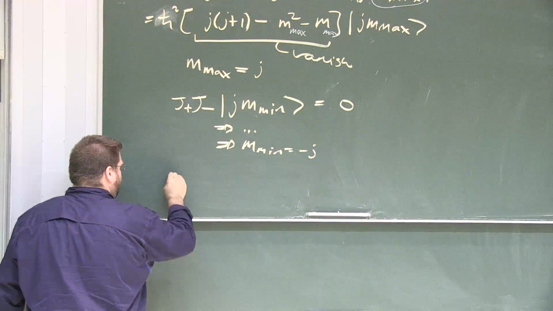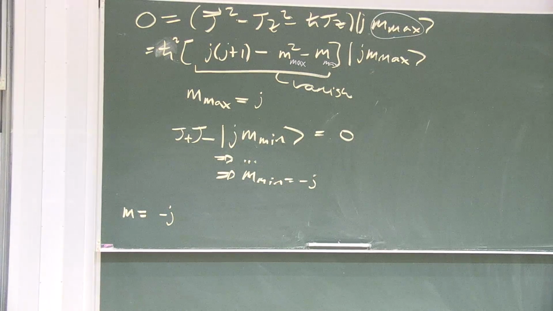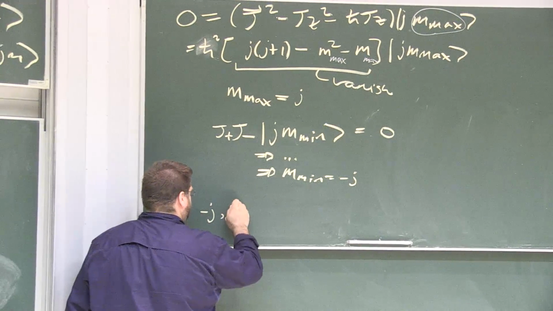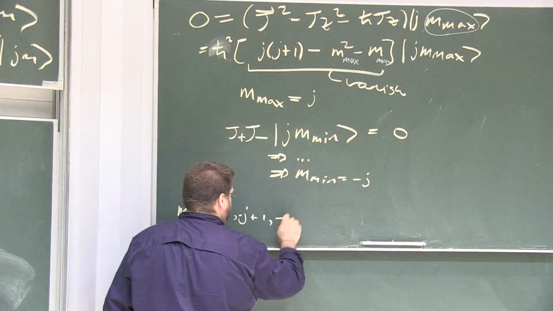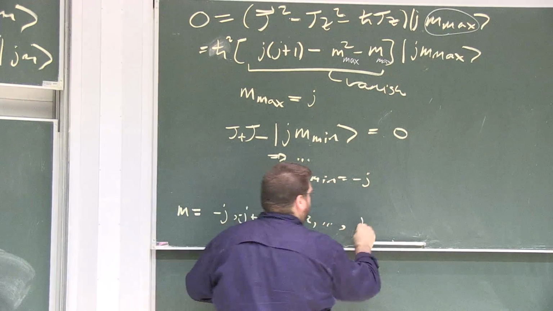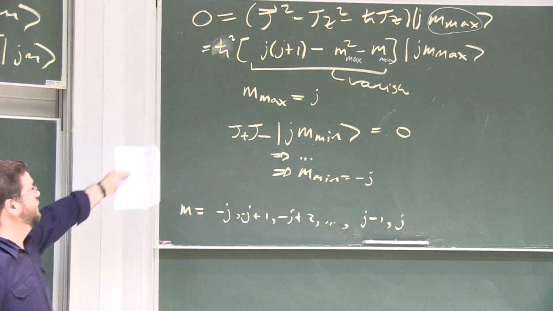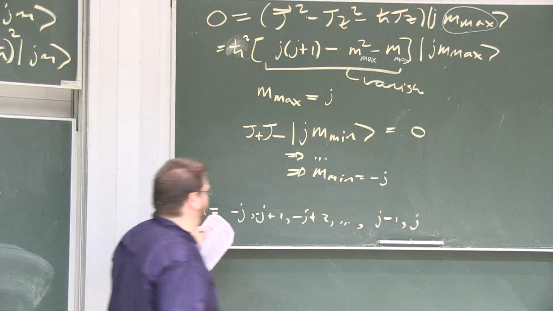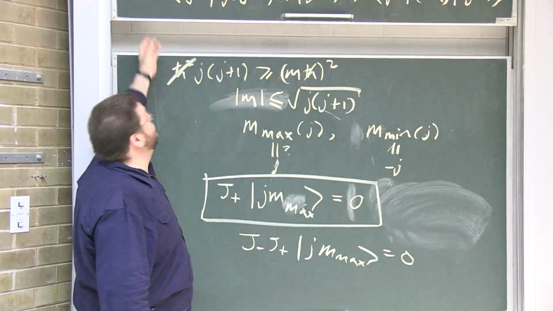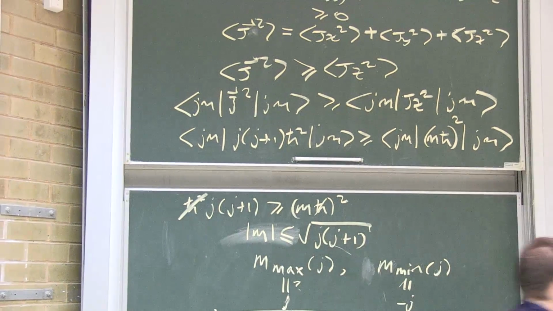So the minimum value of m is minus j. We know that J plus can increase the value of m in steps of plus 1. But eventually you'll get to j, which is the maximum value of m max, in which case you stop. So we've just proven this equation here, which is precisely the equation we wish to prove, namely equation 218. So this is good.